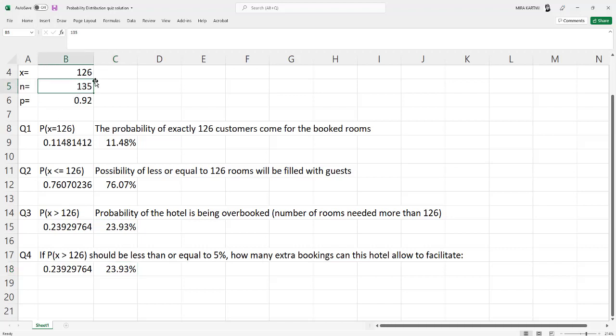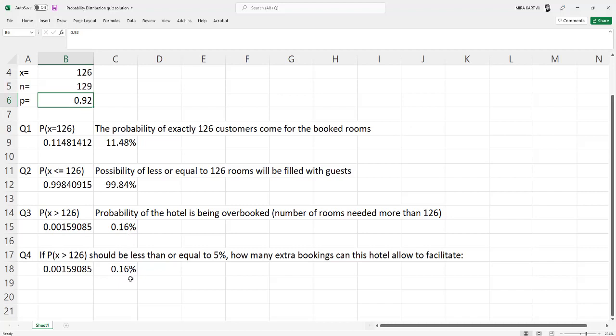What you can do is play around, because this is now a spreadsheet model. You can try, what if it's 127? In this case, it is very low, so that means we can accommodate more. What if it's 129?